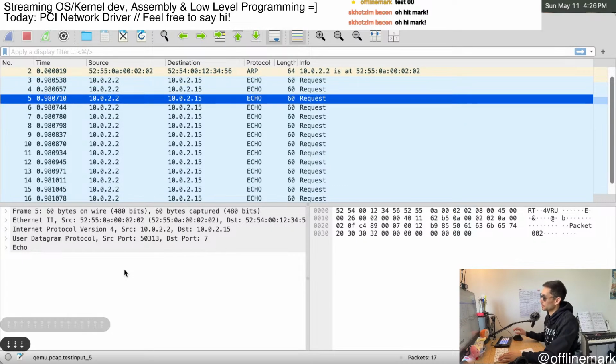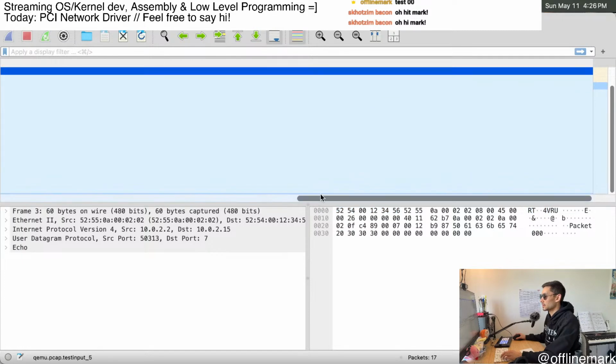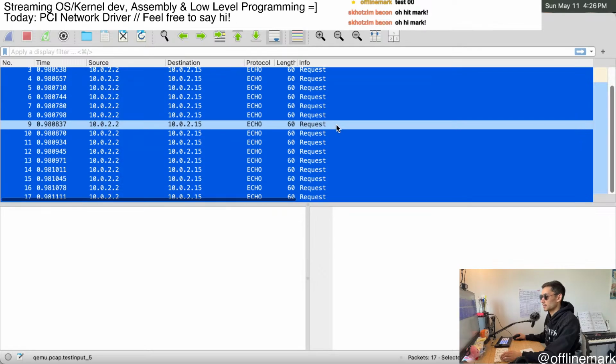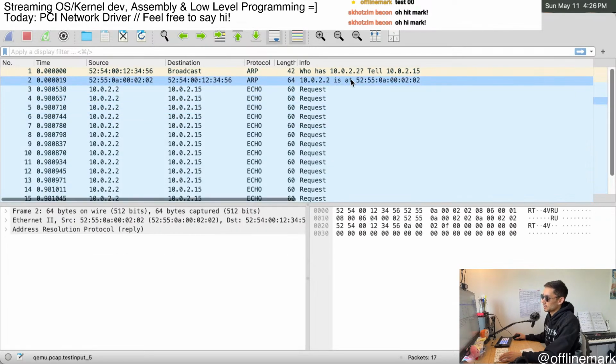So if we look over here, we're definitely getting the data. It starts at 0. Does it show me how many? Selected 15 packets.